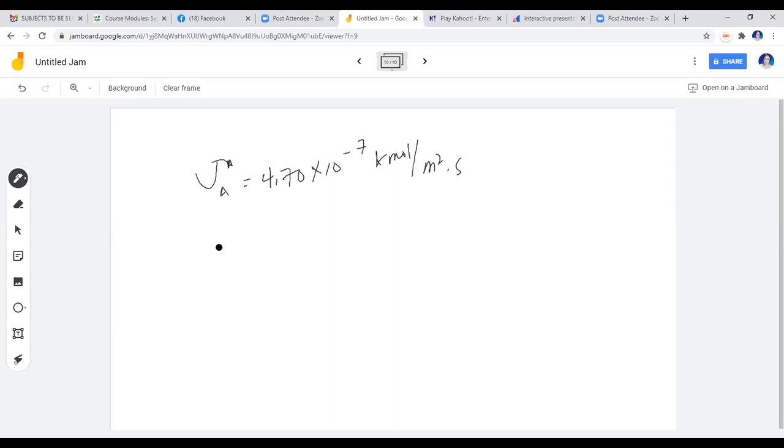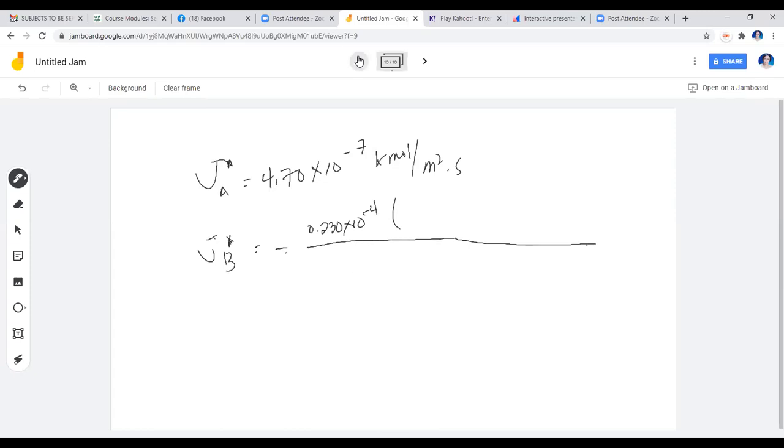So that's A. Now when we speak of B, it's actually the same formula, but you will have a different partial pressure to substitute. So we have here still a 0.230 times 10 raised to negative 4. And this time, the partial pressure of B would be computed based on this premise.